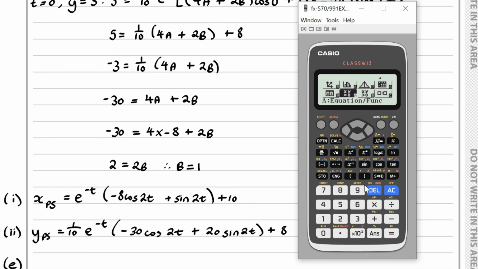So let's go to our table and plot these two functions. Now on this particular calculator, you can plot two functions.